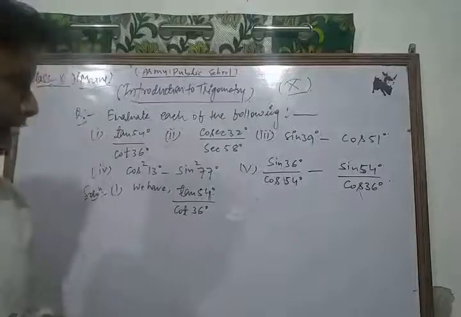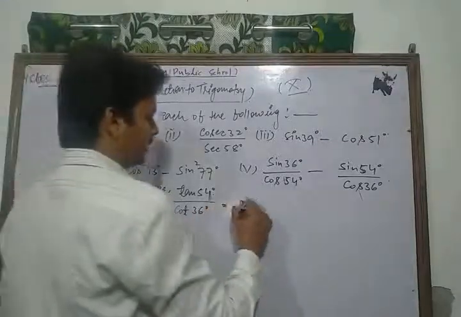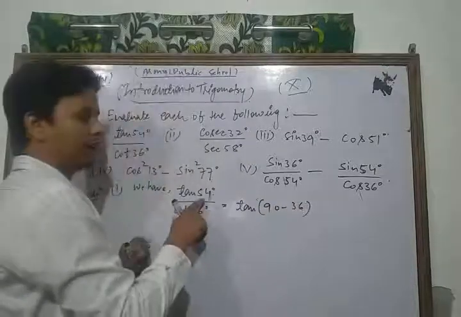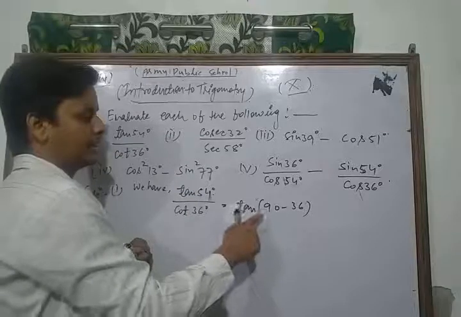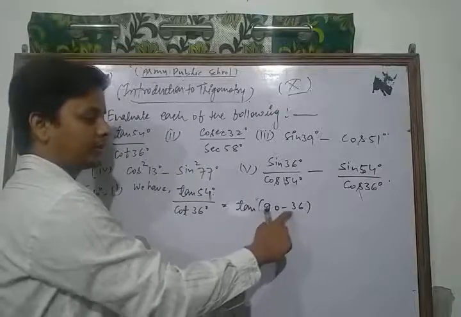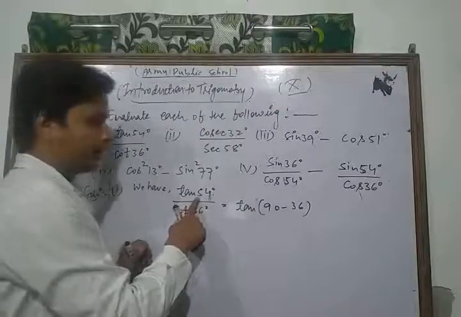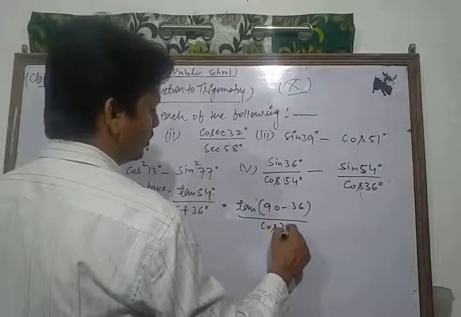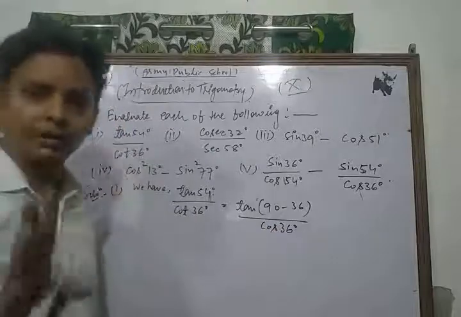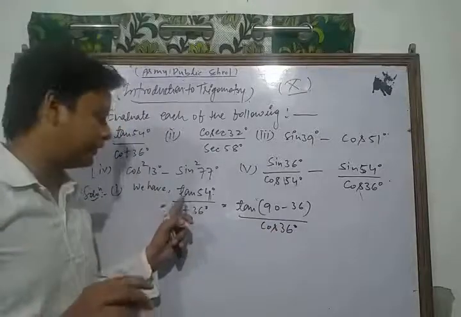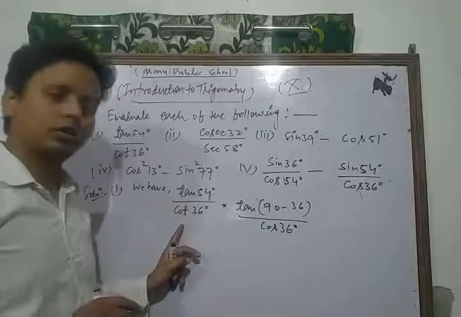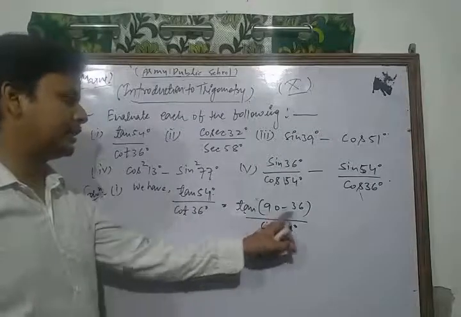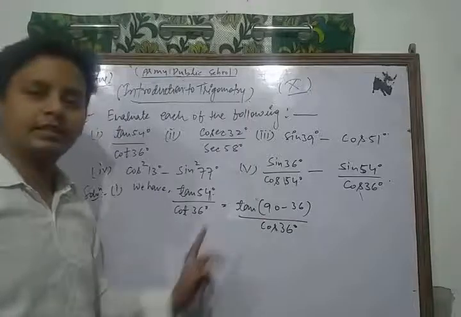We can write tan 54 as tan 90 minus 36, because if we subtract, we get 54. And we write cot 36 degree as it is. You convert only one of them, either tan 54 or cot 36.